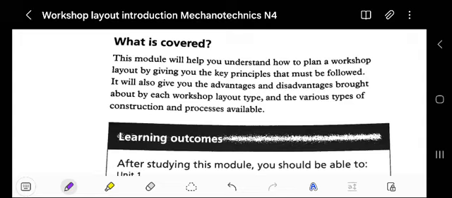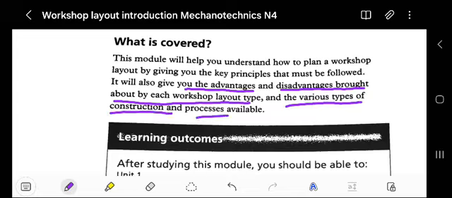Okay, it gives you the key principles that must be followed, right? It will also give you the advantages and disadvantages brought about by each workshop type, and the various types of construction and processes available.